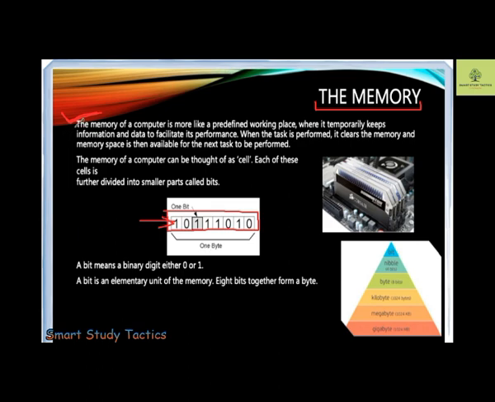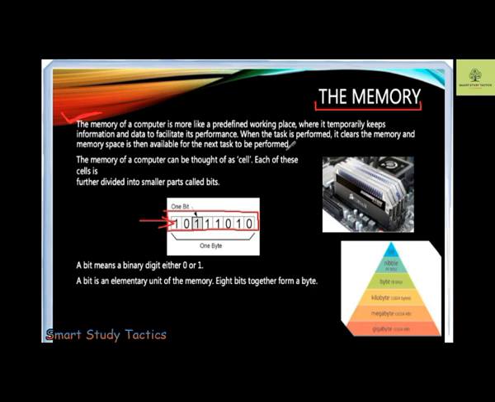So let's go with the definition. The memory of the computer is like a predefined workplace where it temporarily keeps the information and data needed for its performance. When the task is performed, it clears the memory, and the memory space is available for the next task to be performed. Is this clear?